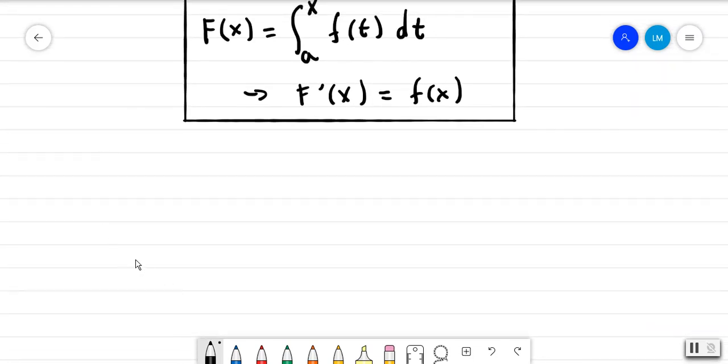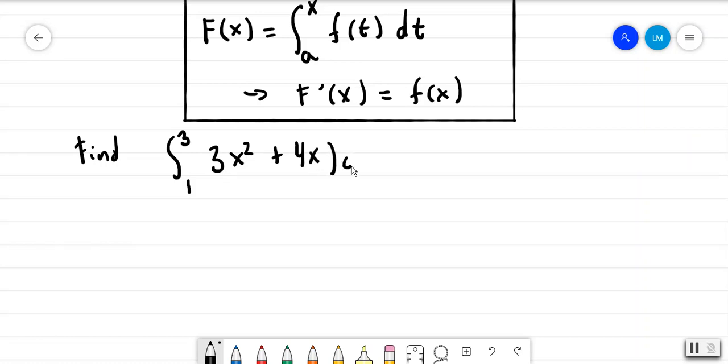So let's say that we have the integral from 1 to 3 of 3x squared plus 4x dx.